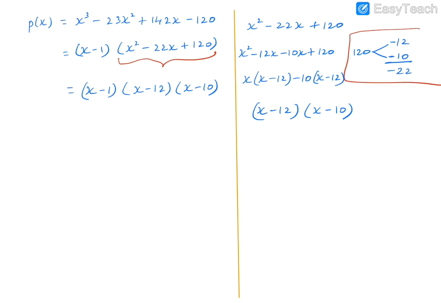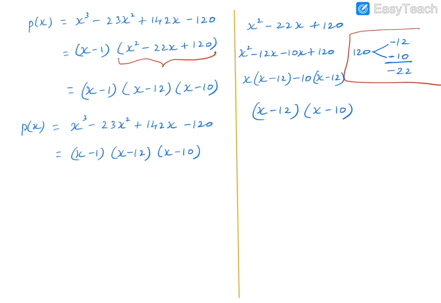So overall, we can write our p of x equals x cubed minus 23x square plus 142x minus 120 in terms of the product of its factors as x minus 1 into x minus 12 into x minus 10. Okay, so that's the factorization which is completed now.